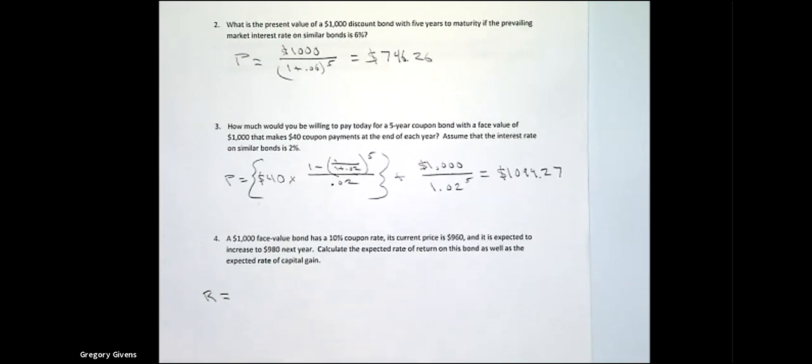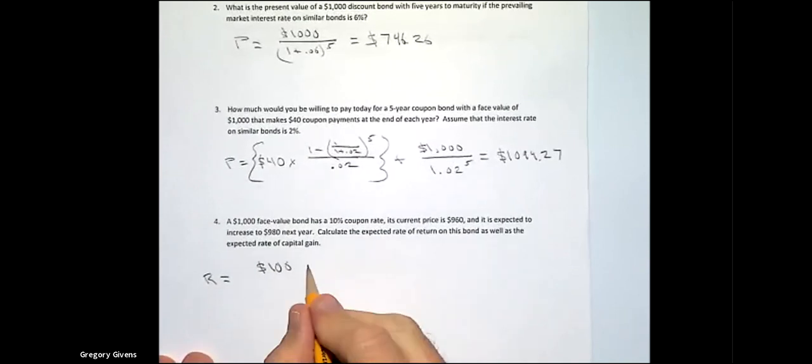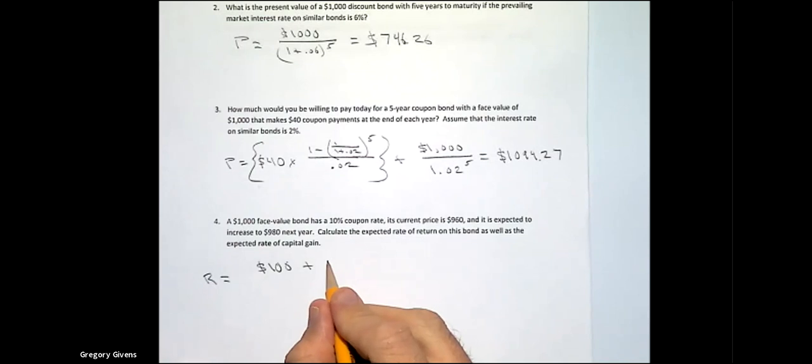So in this case, if we were to hold it for just 1 year, then we would get a $100 coupon payment. That's 10% of the face value of 1,000. Plus, what is the capital gain expected to be in this case?